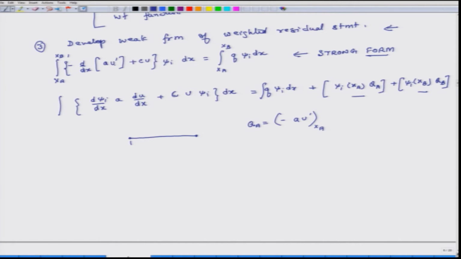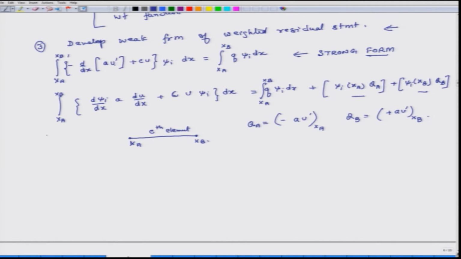Okay. So, this is the eth element. Its first coordinate is x a and second coordinate is x b. So, q a is minus a times u prime evaluated at x equal to x a, and q b is equal to plus a u prime evaluated at x b.